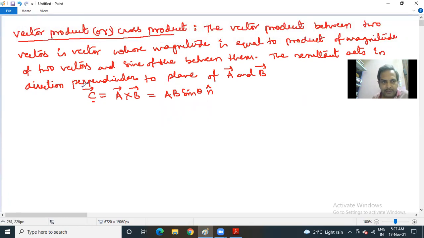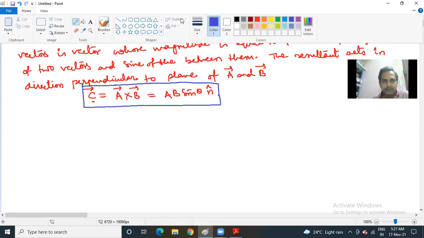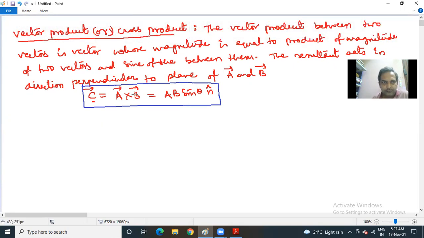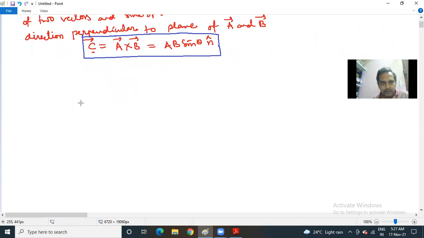Now let me explain with the help of a diagram. So what is this n cap? N cap indicates the direction of resultant. Just take it like this, it's just like a room.